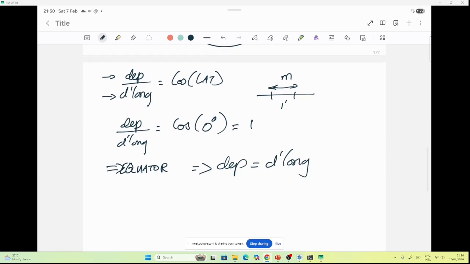So that means the east-west distance is exactly d long, right? So 1 minute of d long is how many meters?